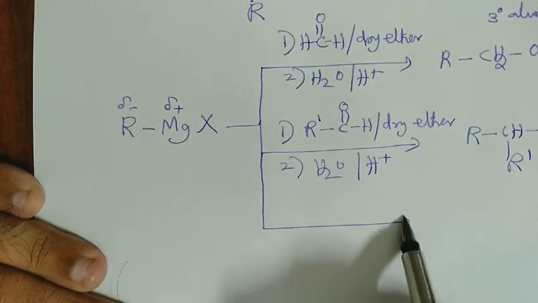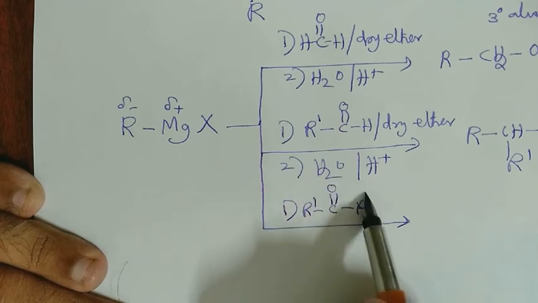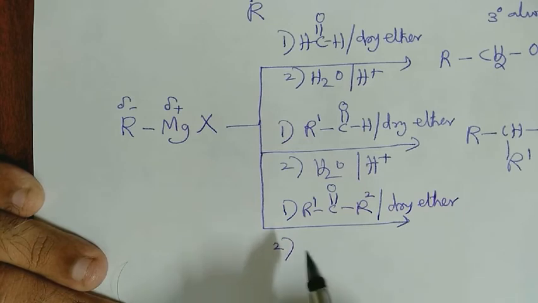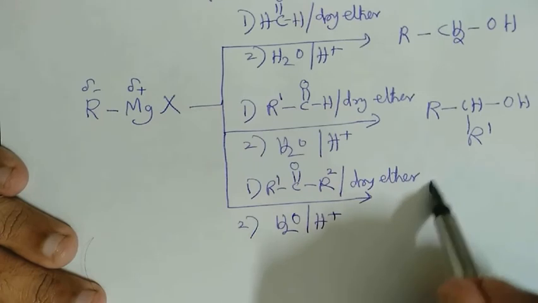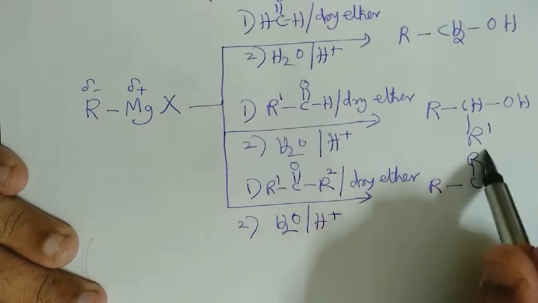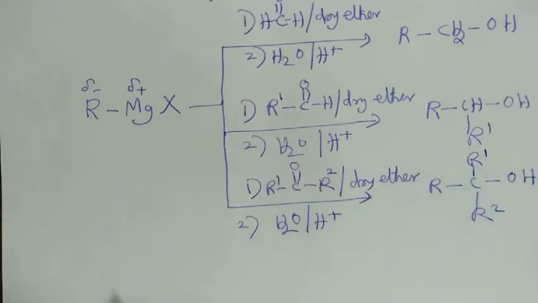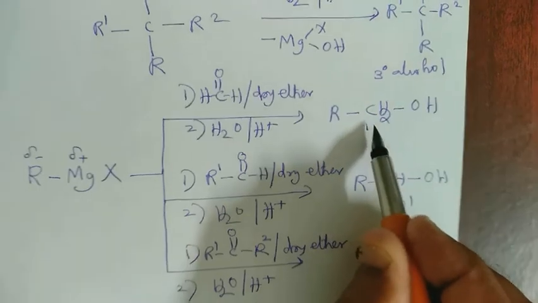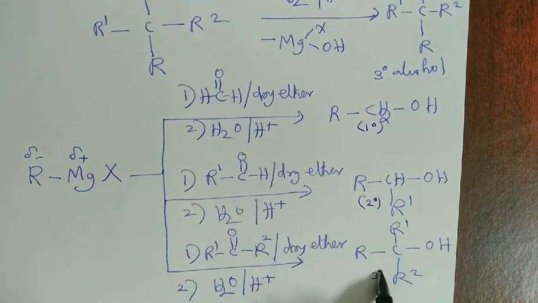Ketones in this reaction sequence give a tertiary alcohol. So this reaction can be used to synthesize primary, secondary and tertiary alcohols from Grignard reagent.